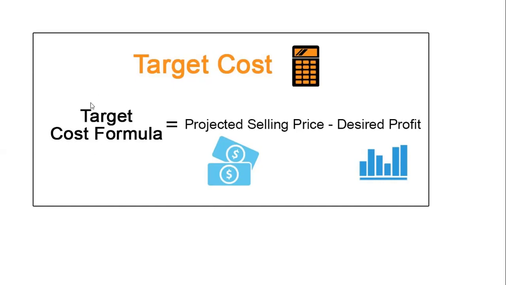That will be the cost formula. What is the desired profit the company wants to earn, and what is the customer ready to pay? In that cost, they will design the product and they will target the customers.